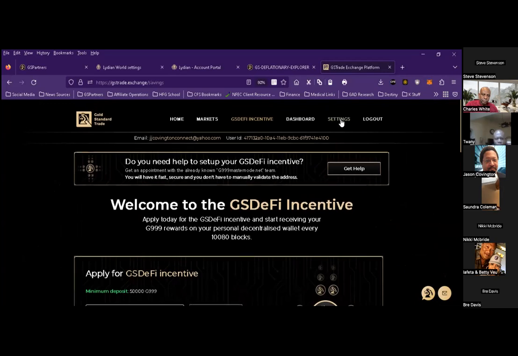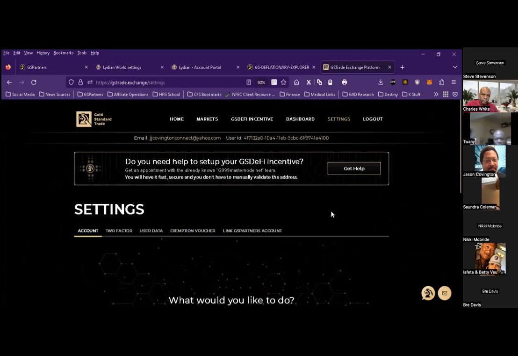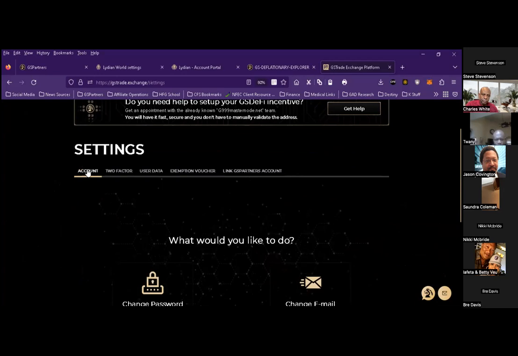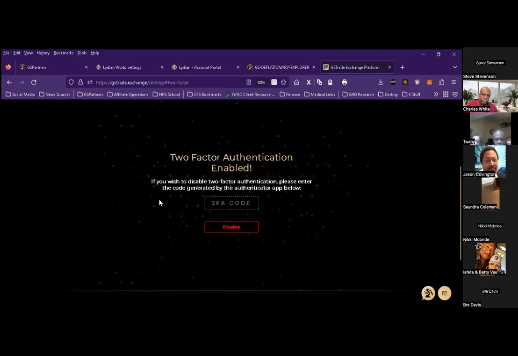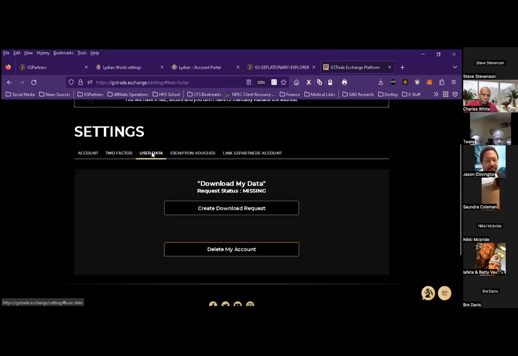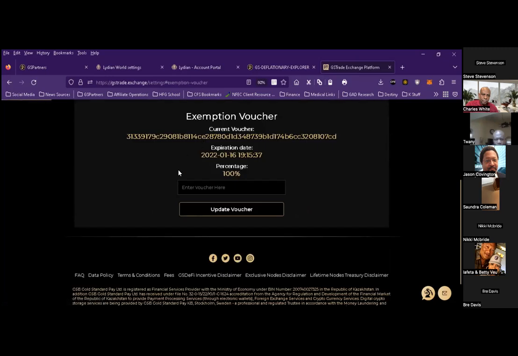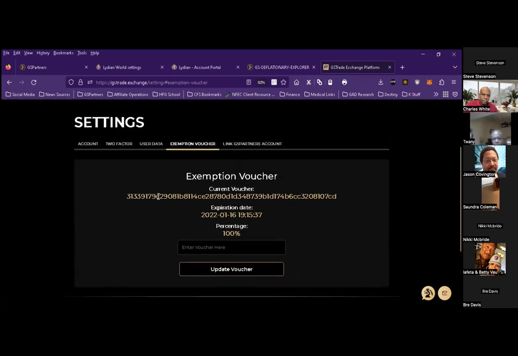The way you want to do this is, at first, to click on Settings. Under Settings, you have multiple things. You have an account. You have a place where you can do your two-factor authentication. You have a place where you can download your user data. There's a voucher that you can get from GS Partners, but those are expired.